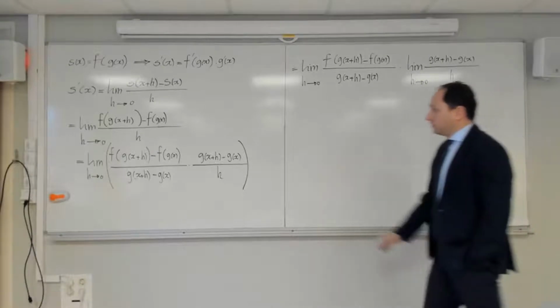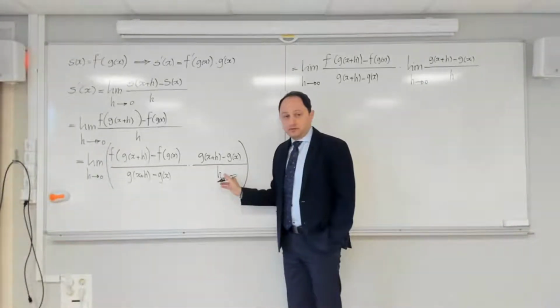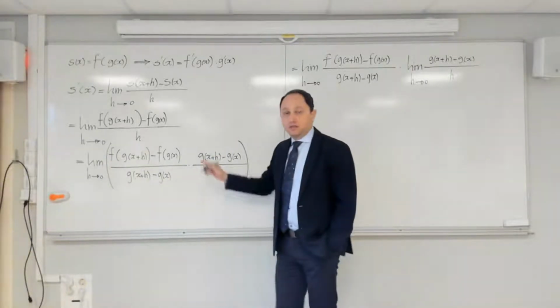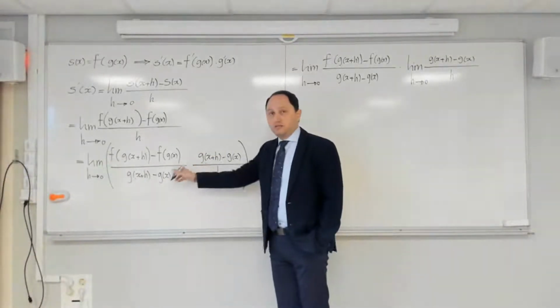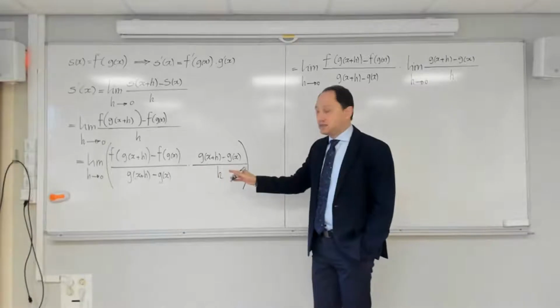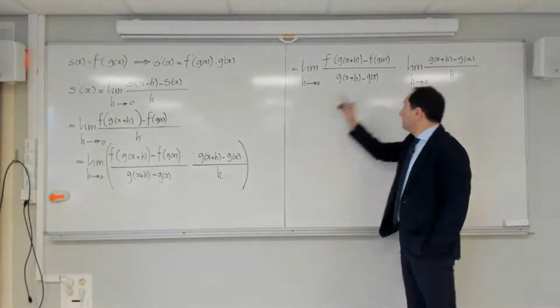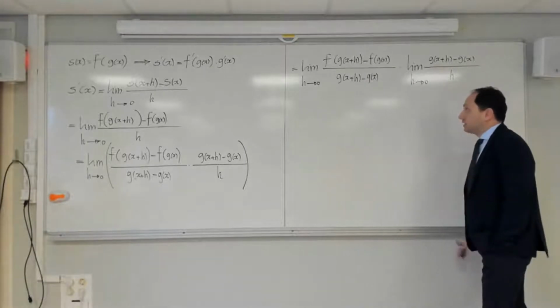Okay? So this is the product of two functions. I want to calculate the limit of the product. If the limits of each individual function exist, then I can write it as the limit of the first part multiplied by the limit of the second part.